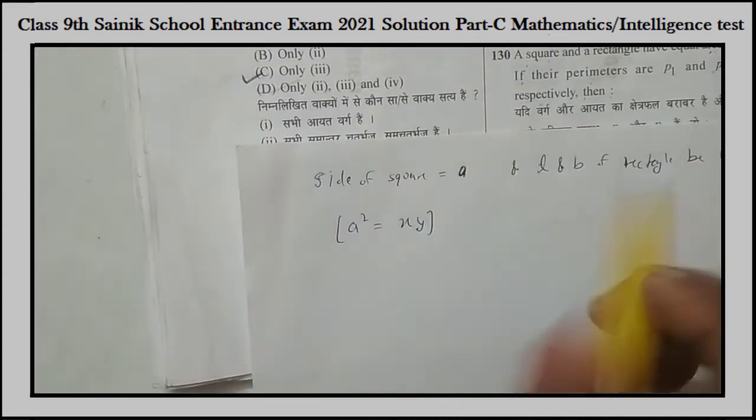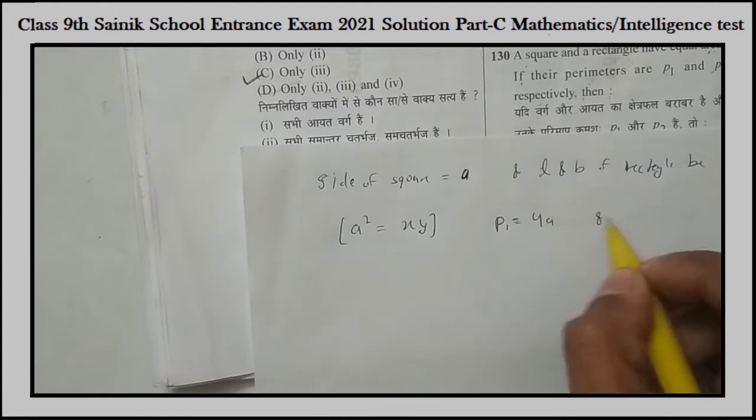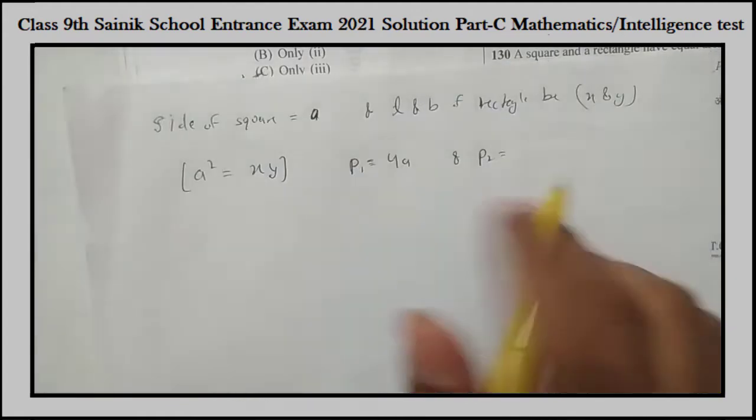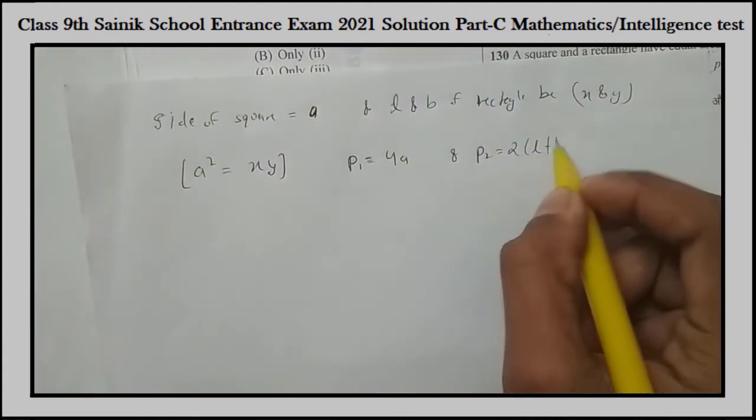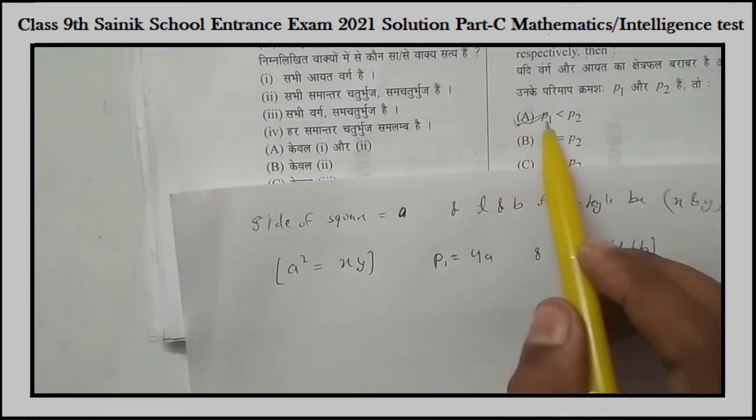Their perimeters are P1 equal to 4A and P2 equal to 2 times L plus B. We say that option A is the right one.